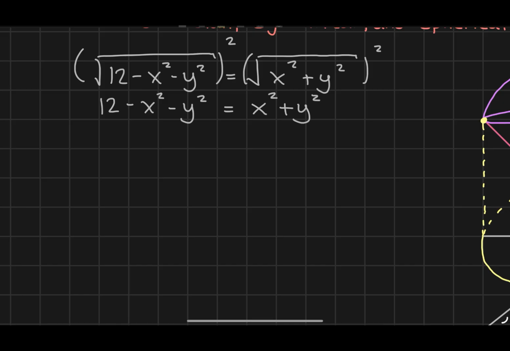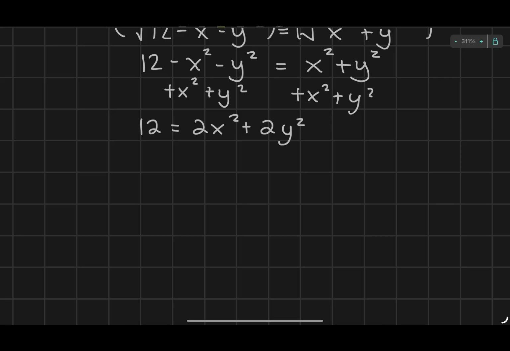So we're going to add x squared plus y squared on both sides. So we're going to have 12 is equal to 2x squared plus 2y squared. And then dividing out that 2, we're going to have x squared plus y squared is equal to 6.